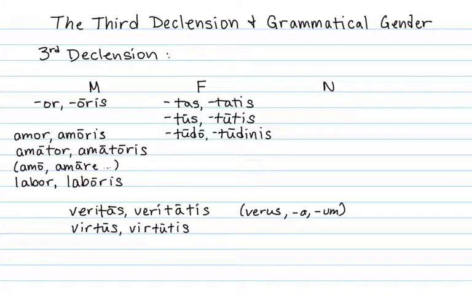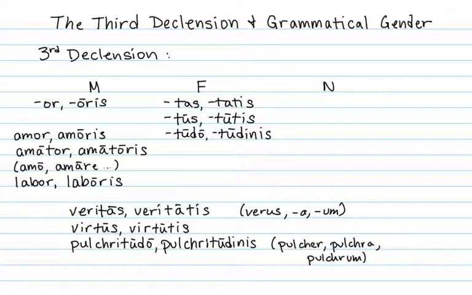Tudo, tudinis, always feminine, as in pulchritudo, pulchritudinis, it means beauty. It's related to our adjective pulcher, pulchra, pulchrum. And anything ending in tio, tionis, like natio, nationis. A lot of English words that end in tion come from third declension Latin nouns.